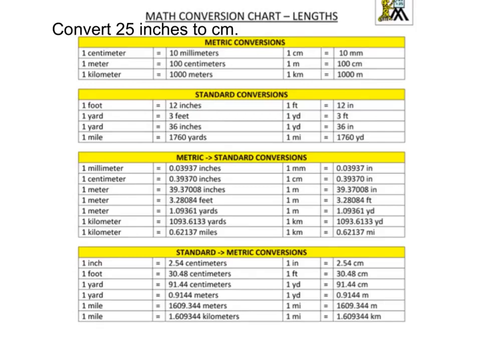And since I'm starting with inches and going to centimeters, I'm going to go down to this bottom part of the table here, and I'm going to look up 1 inch, and I can see here that 1 inch is equal to 2.54 centimeters. So that's what I'm going to use to solve this problem. I'm going to use that conversion factor. And you can see there's lots of other conversions here that you can use for different types of problems. So the one that I want is 1 inch equals 2.54 centimeters.